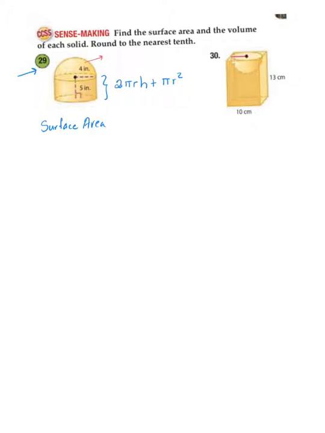So the surface area of a sphere is 4 pi r squared, but I just have half of that, so I'm going to divide that by 2 and have 2 pi r squared. So as I pull all this together, I'm going to have 2 pi r h plus pi r squared plus 2 pi r squared. And just to make my arithmetic a little bit easier, I'm going to put these two together and make that 3 pi r squared.